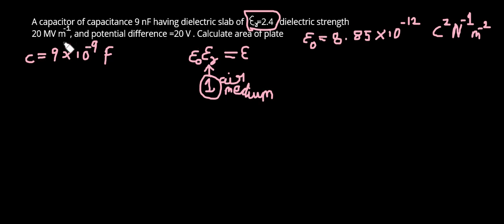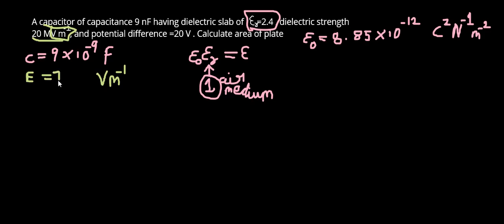So dielectric strength is given. You have to think of this like megabytes, gigabytes, you will be noting that. So 20 megavolts per meter. What is the SI unit here? This SI unit is nothing but the SI unit of electric field. Volt per meter is the SI unit of the electric field.